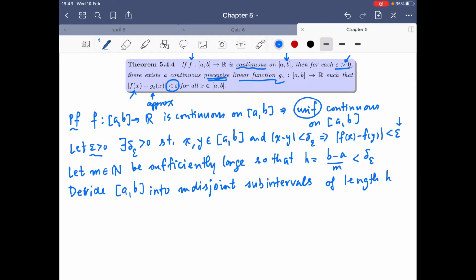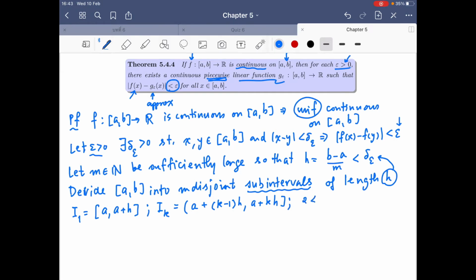All right, if we talk about two elements in each subinterval, then the distance among these two will always be less than delta, right? And again, I1 will be the first one, so we have a and a plus h, but Ik, from I2 etc. to Im, will be the open interval a plus (k minus 1)h and a plus kh.